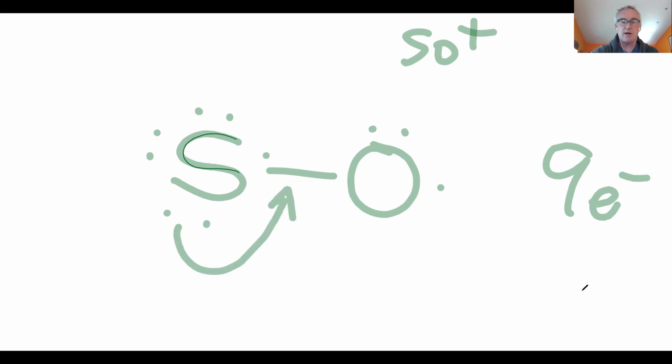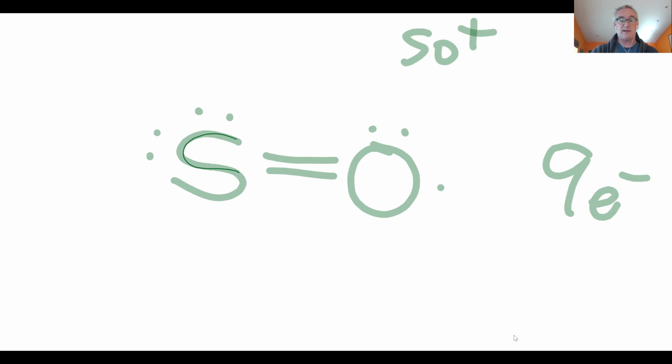So that makes another bond. And I'll take out that lone pair. So now sulfur's still happy. Sulfur still has 8. How many does oxygen have now? Seven. Oxygen has 7, so oxygen still isn't happy.